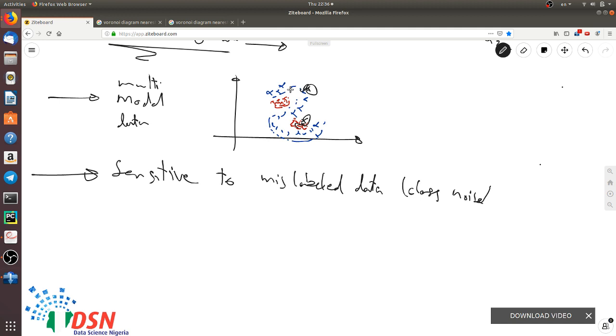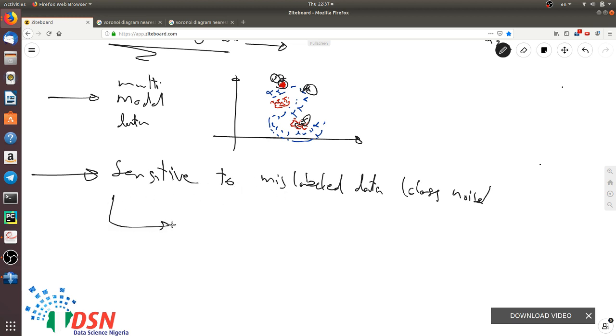Now let's say because of noise, or because of class noise, actually, as a training example we have red in here instead of blue. It is actually because of noise, or this could be an outlier. Now if we have a new test data in here, then we will classify that as the red samples, but we actually know that it is from the blue class. Okay, so this is one disadvantage of nearest neighbor.